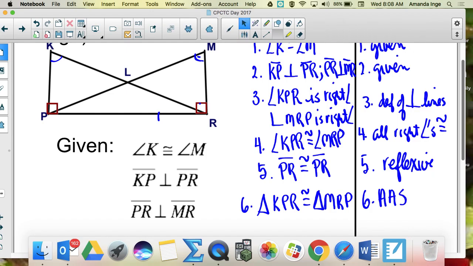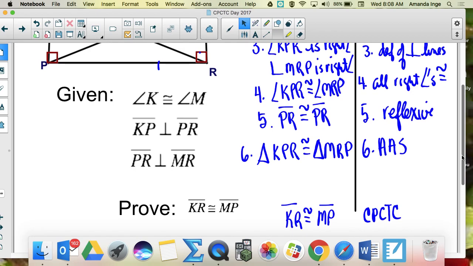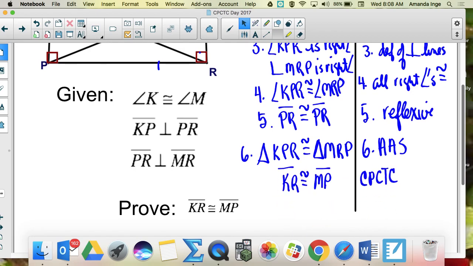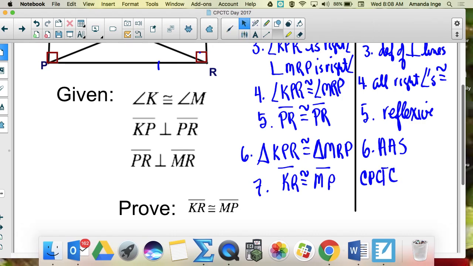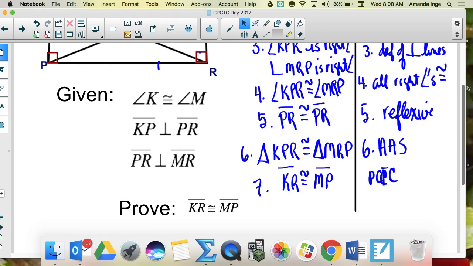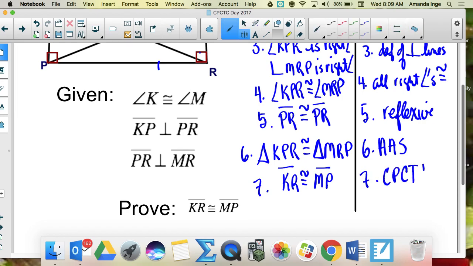So now, because we've shown the triangles are congruent, we can say the sides are congruent. KR is congruent to MP because of corresponding parts of congruent triangles are congruent. All right.